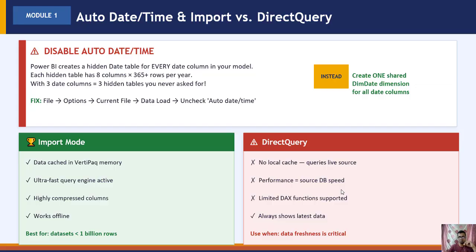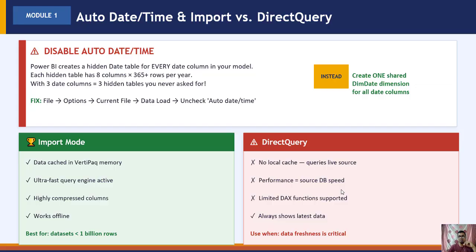Wherever possible, we need to use import mode, because data is cached in memory itself, it is an ultra fast query engine, it can compress the columns effectively, and it works offline. The only advantage direct query offers is data freshness.